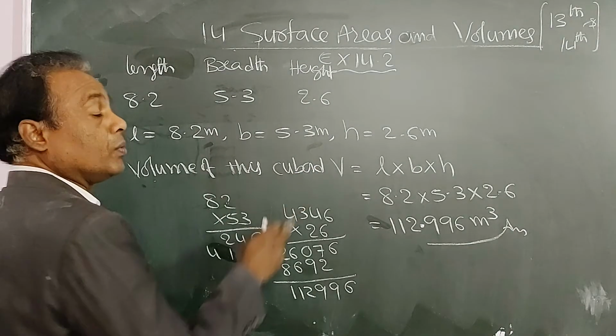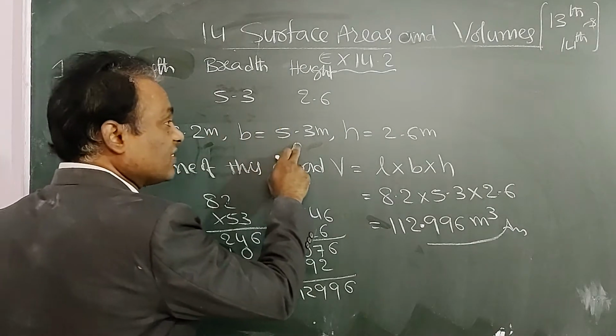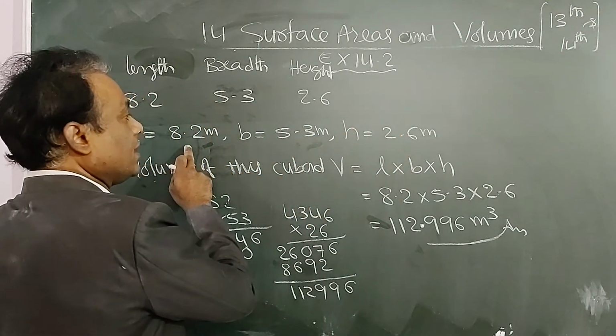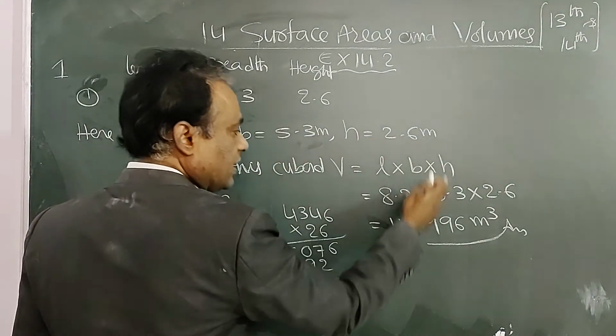What is the volume of the cuboid formula? Length into breadth into height. 8.2 into 5.3 into 2.6. That's all.